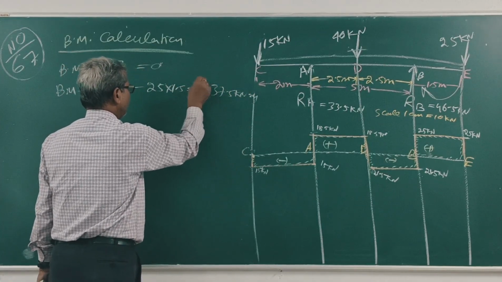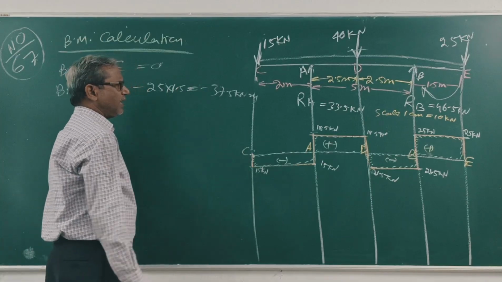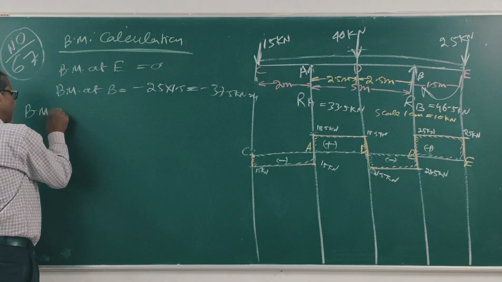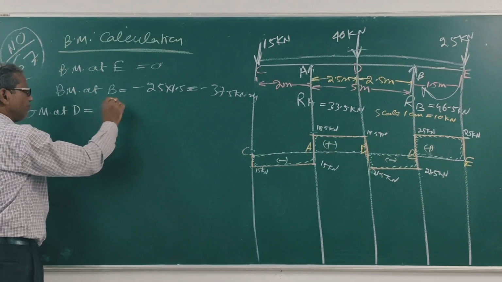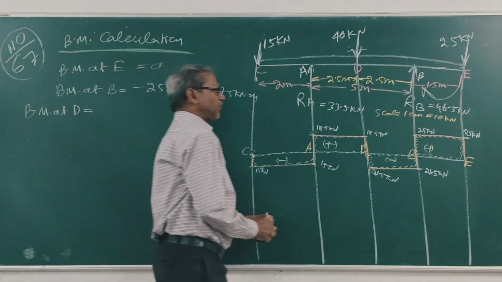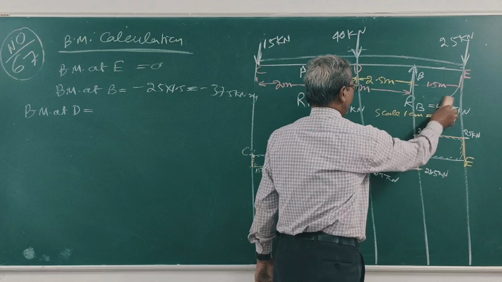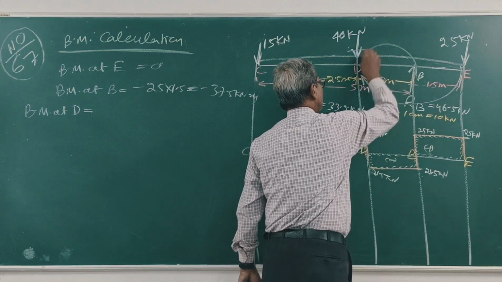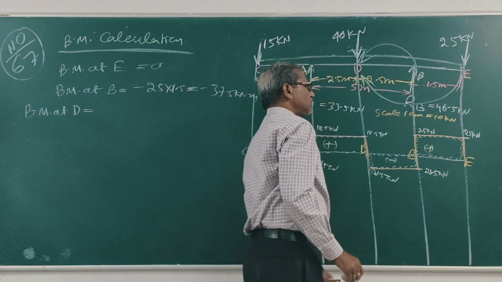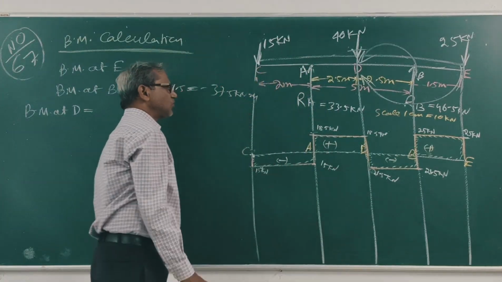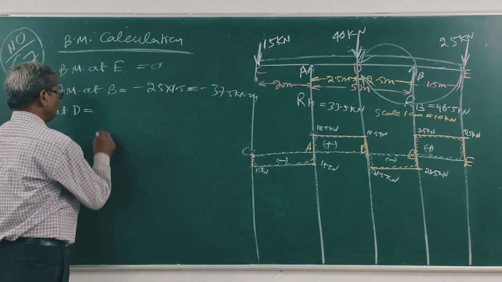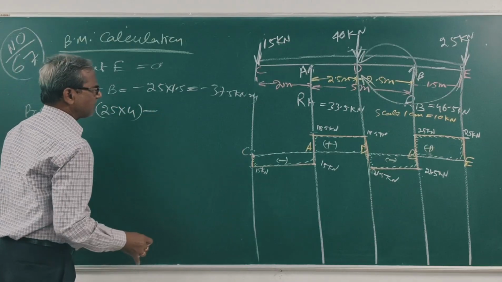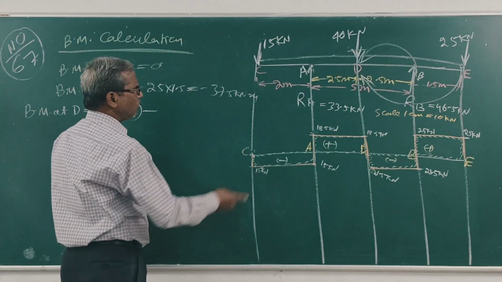BM at D. This is point D. Clear? This is 25 into this minus RB into this. So 25 into 4 minus RB into 2.5.